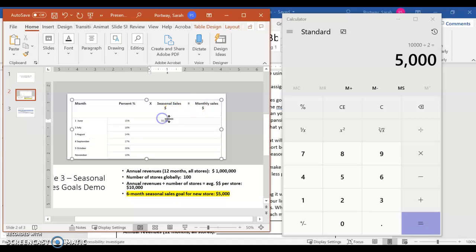In this case, you're going to copy and paste that amount all the way down, because the seasonal sales goal is the same no matter what. We're still wanting to get that $5,000 in that 6-month period. No matter which way you slice it, that's what we're going for. All right, I'm not going to go for formatting perfection here because it's just going to slow us down.